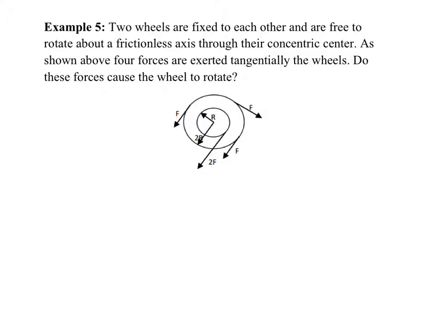You know that the inner radius is half of the outer radius. One of these is r, that's the radius length. The other is 2r. This is the force acting at 4 different locations. This one is double the force. So for each of these, consider whether they cause a positive or negative torque. We know that we have 4 of them here.